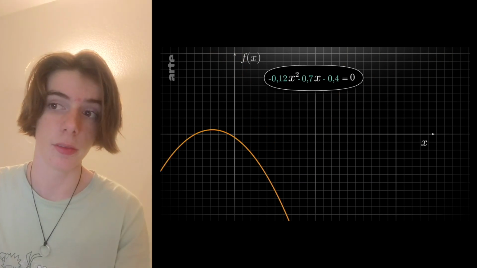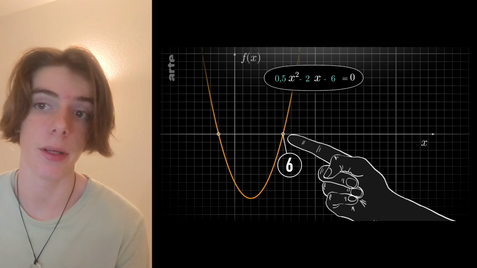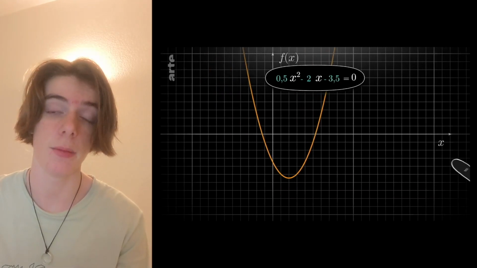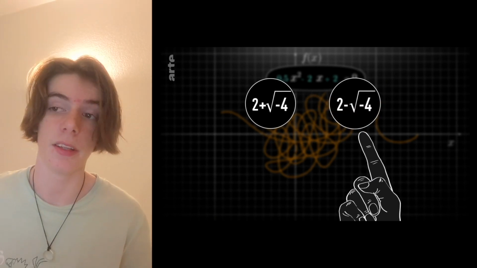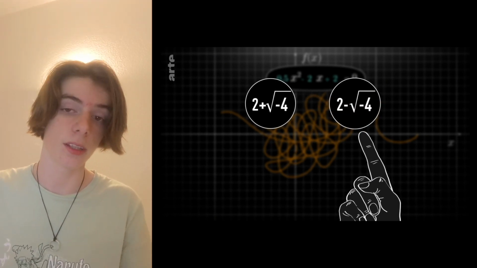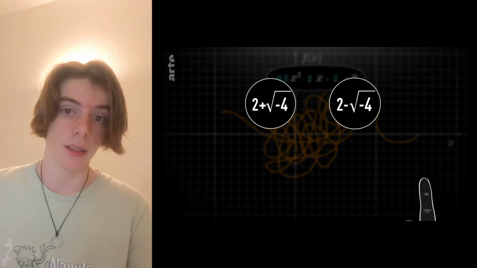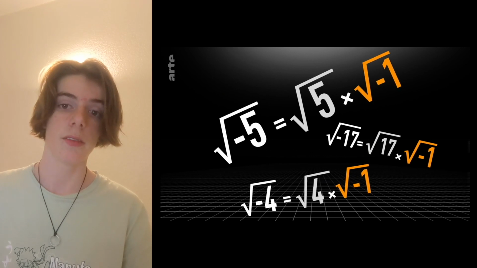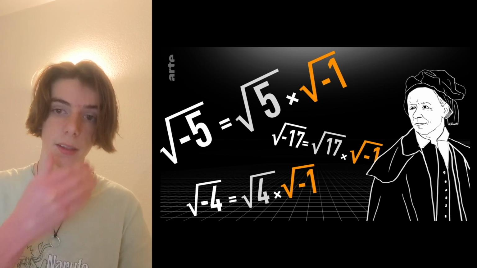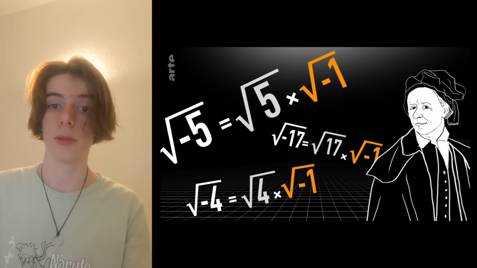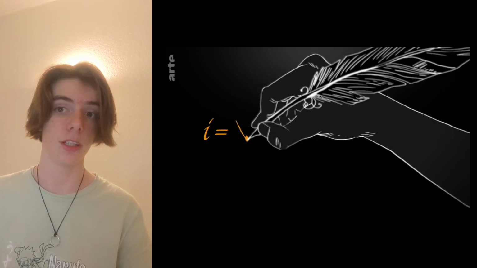More than a century after, the imaginary solutions were named by the French mathematician René Descartes, and they are basically correct mathematical solutions, but they are only virtual. After this, Leonhard Euler found that all those imaginary solutions can be written as a multiple of the square root of minus 1, and he named this number i for imaginary.